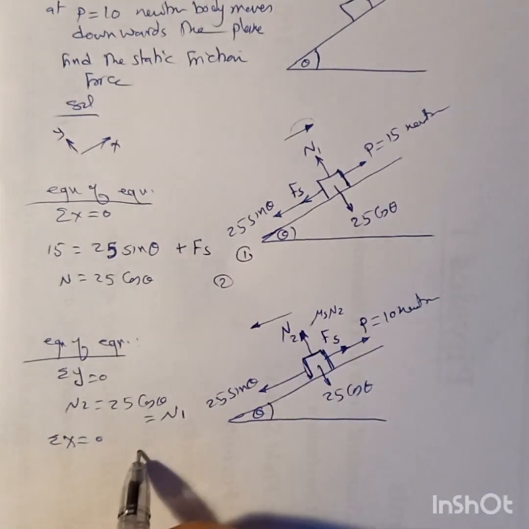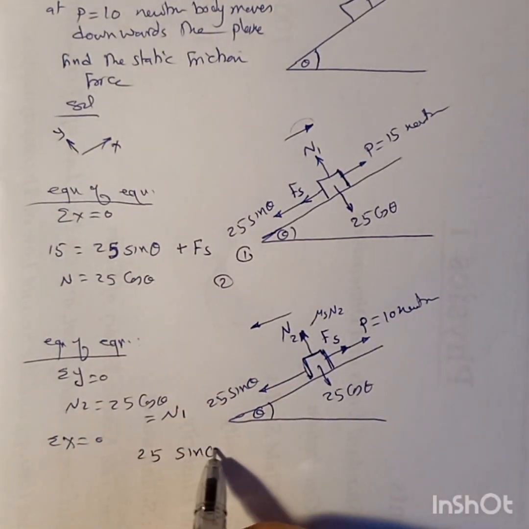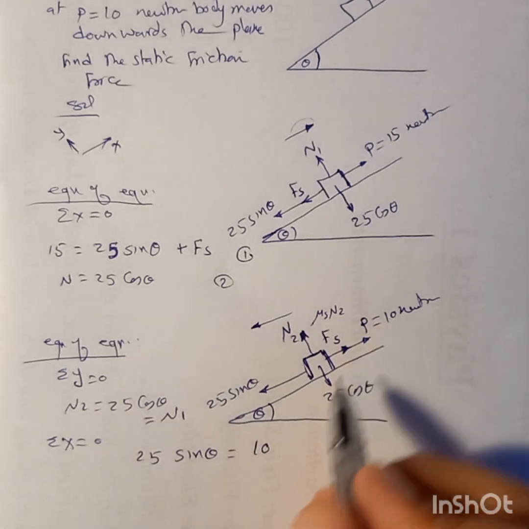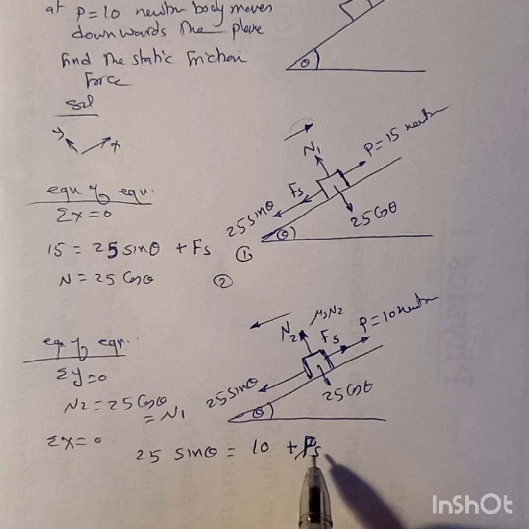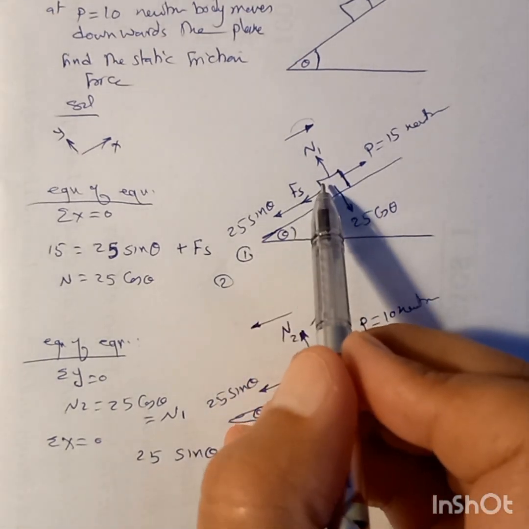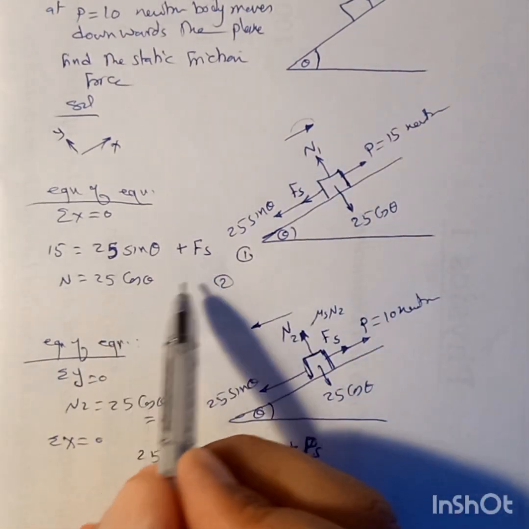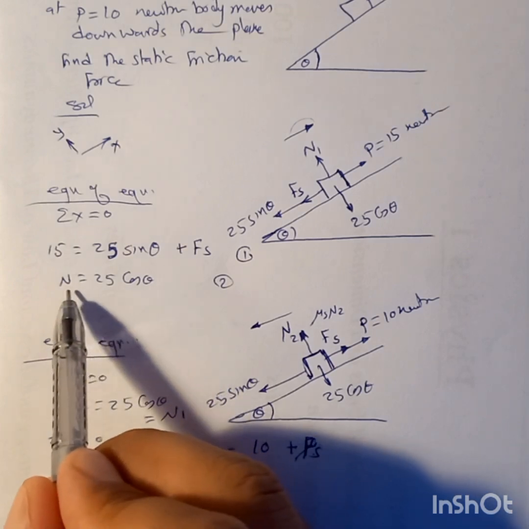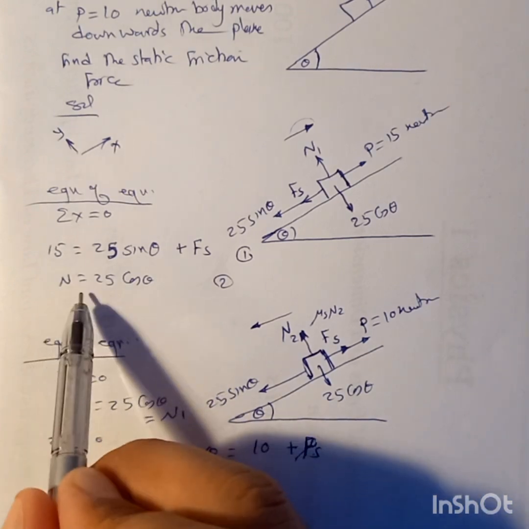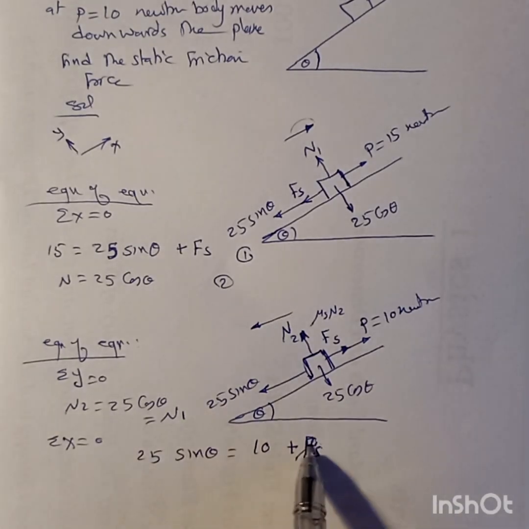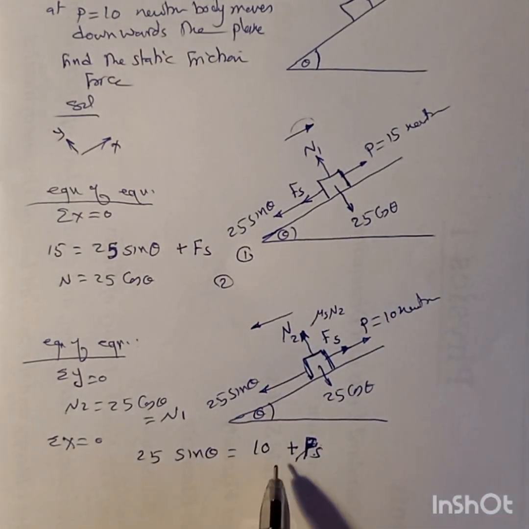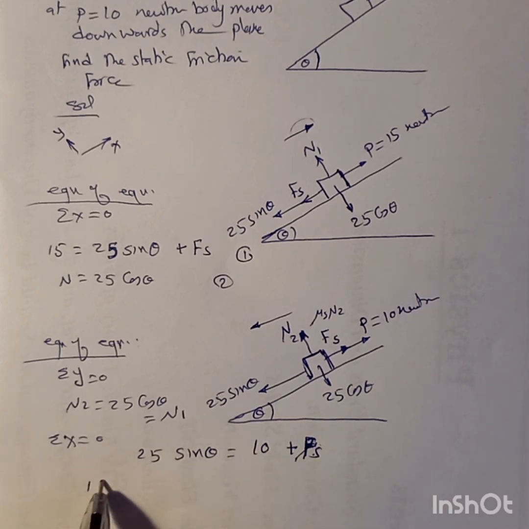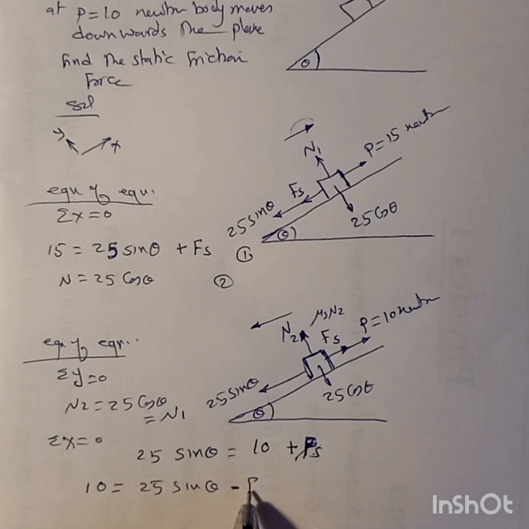Here we have 25 sine theta equals 10 plus Fs, as Fs in this case equals Fs in the first case, since both are mu s times N, and N is 25 cosine theta. Then we can find that 10 equals 25 sine theta minus Fs.